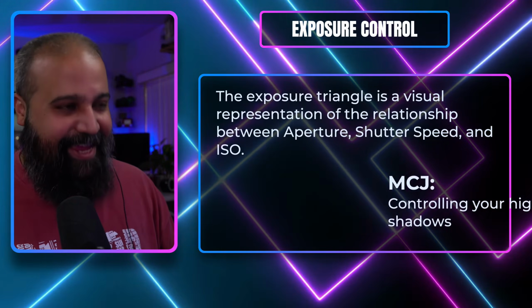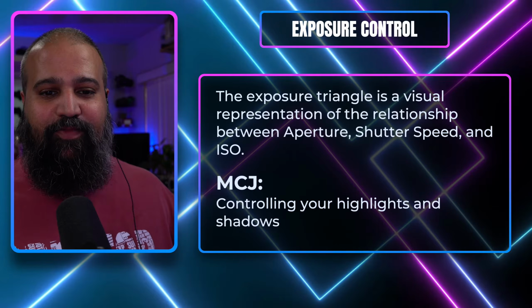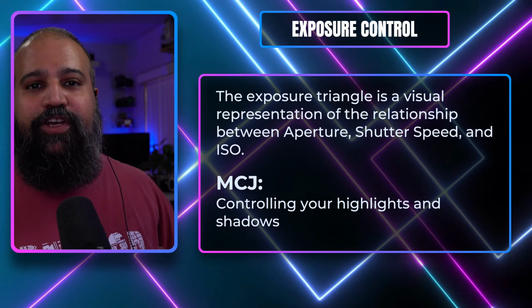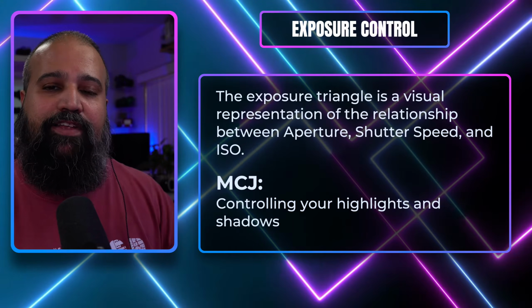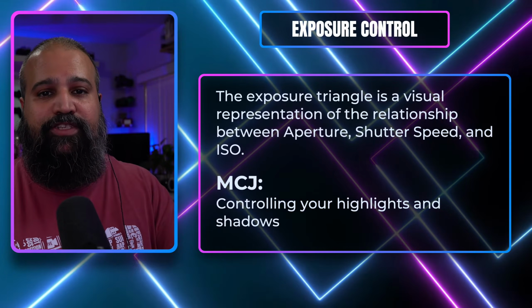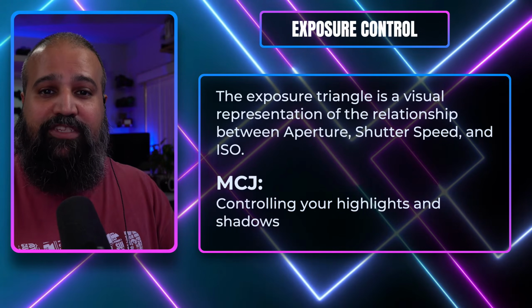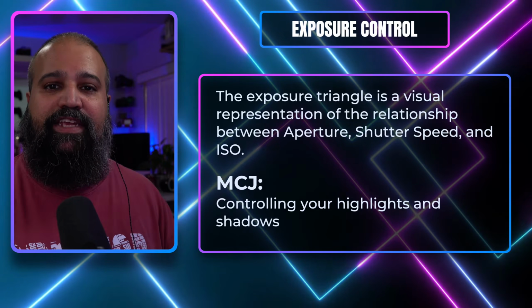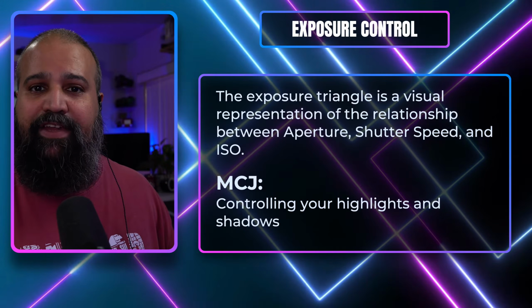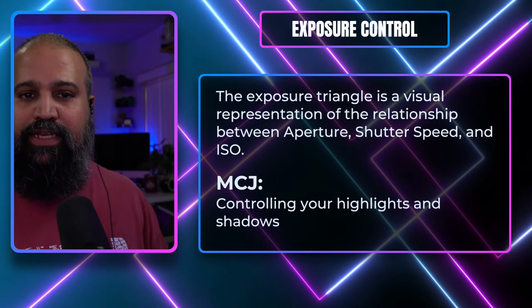Let's get into it. Controlling your highlights and your shadows is basically what you're trying to do with your exposure, right? And in controlling it, the exposure triangle is having the understanding of your ISO, which we referenced before, being the sensitivity of your sensor and what you could actually render out, and balancing the lowest ISO value to get the cleanest image instead of increasing it in sensitivity to get an image out, which will then add that digital noise into your image.